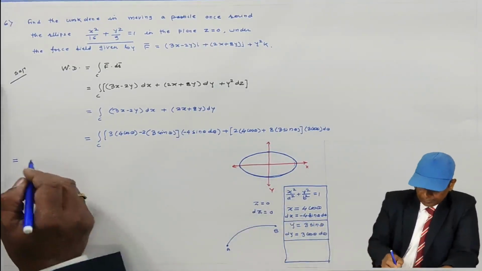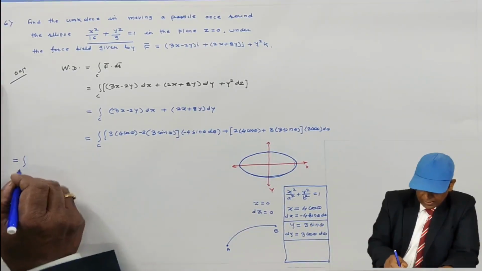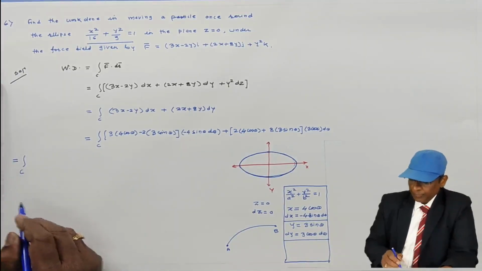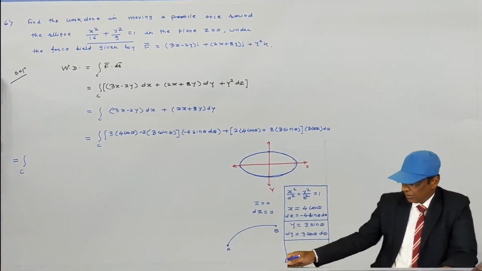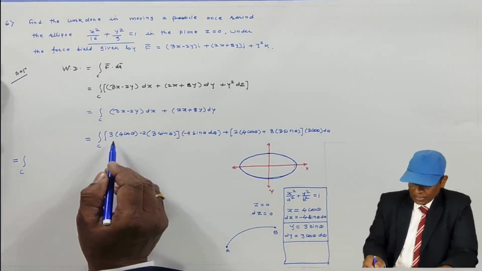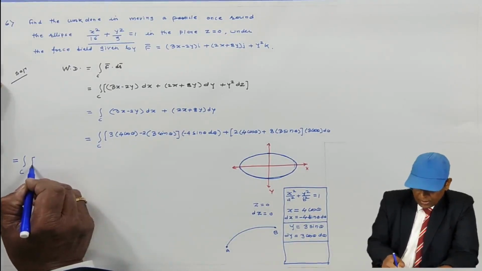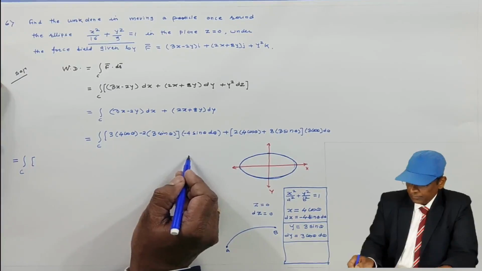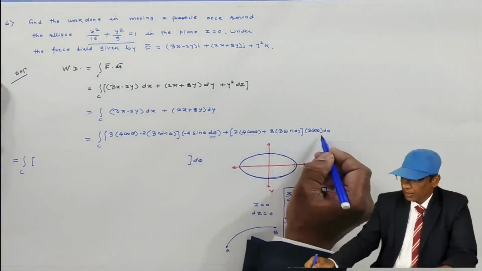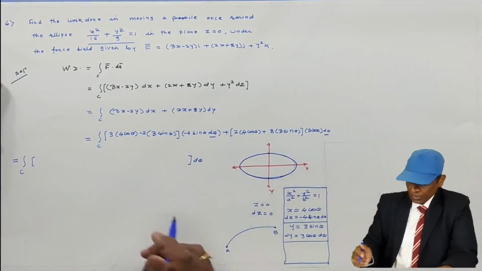Try to solve. See, the line integral over C. So you can directly write the step down. Here, d theta I have taken outside.